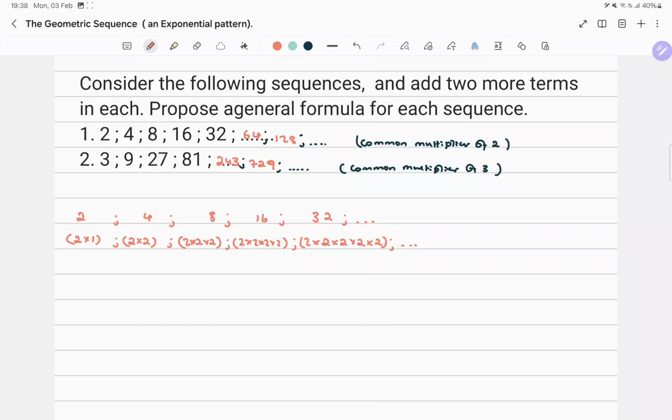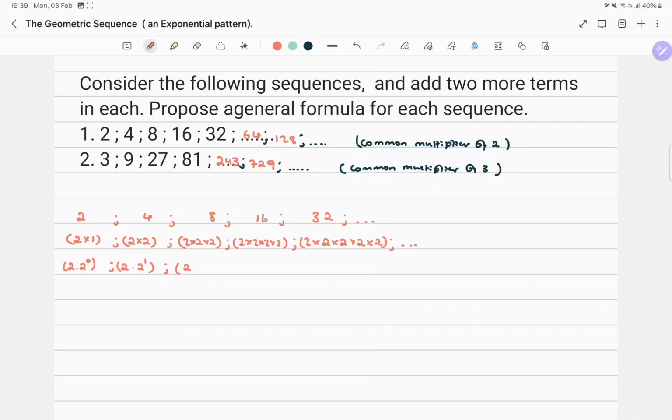But then let's have a look and see what is going on here. So this we could express as 2 times 2 to the exponent 0, right? Because that would give us 2 times 1. So this is 2 times 2 to the exponent 1.